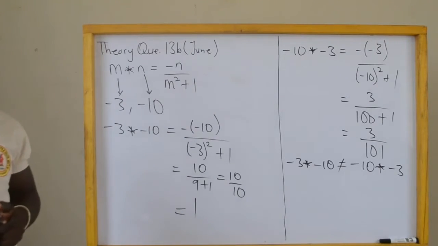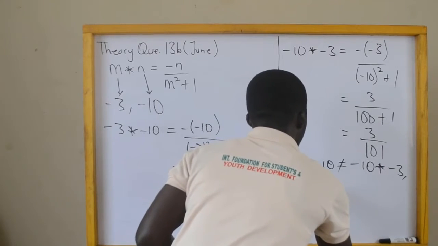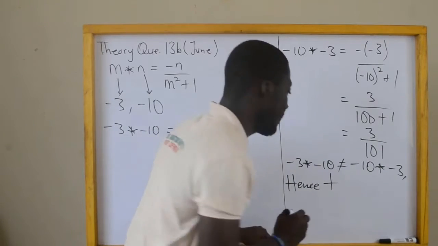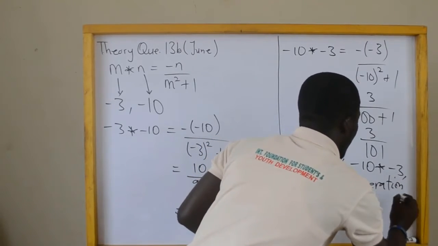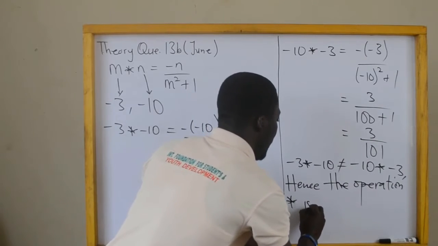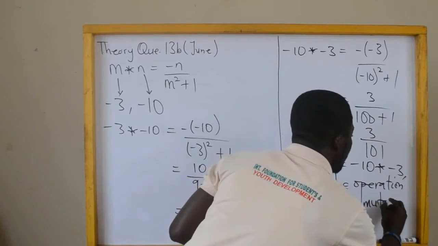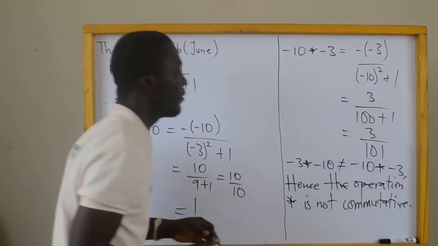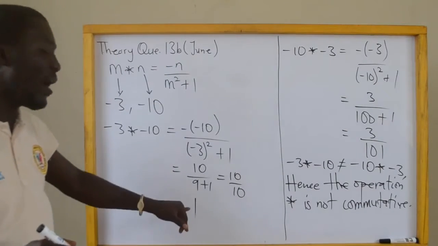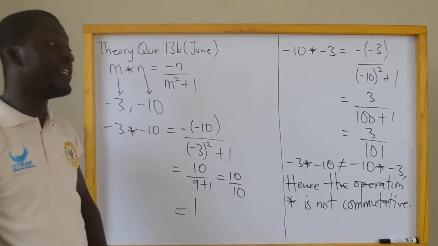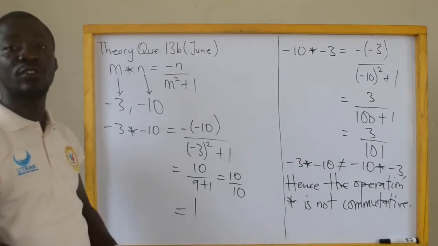Hence, we say that the operation star is not commutative. If when we operated this one we also had 1, then it would be commutative. But since the results are different, the operation star is not commutative.